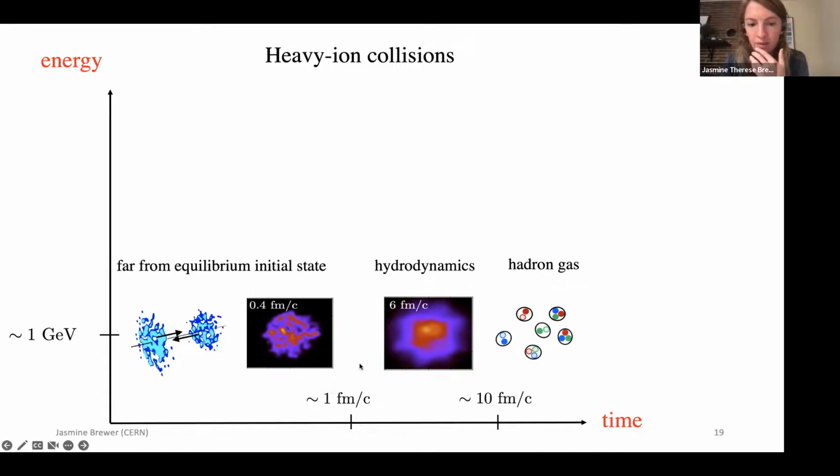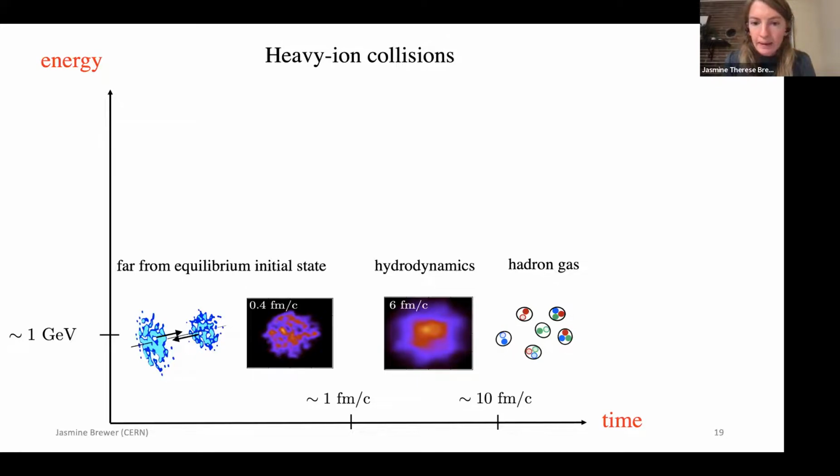From about 1 Fermi over c to 10 Fermi over c or so, the evolution, expansion and cooling of this quark-gluon plasma is described by hydrodynamics until it cools enough that it undergoes the phase transition again, and all of these particles freeze back out and turn into hadrons.